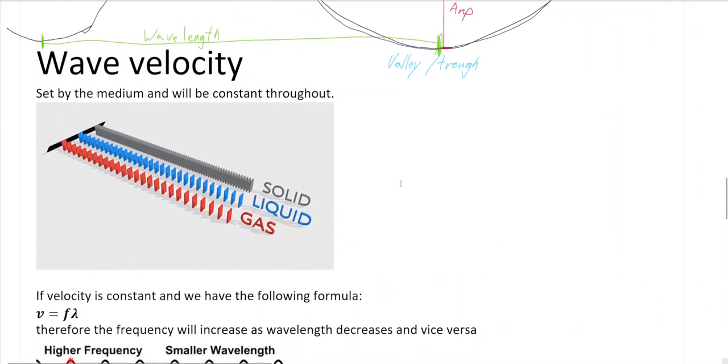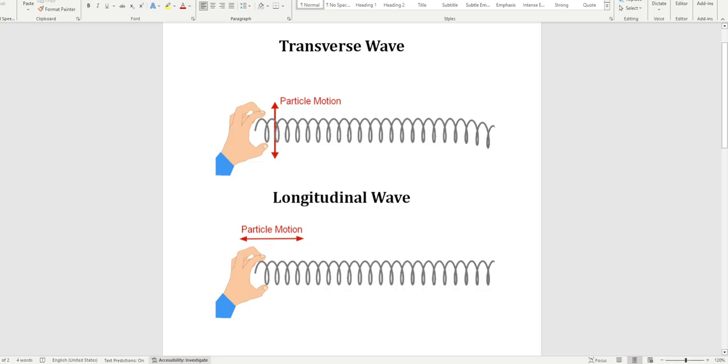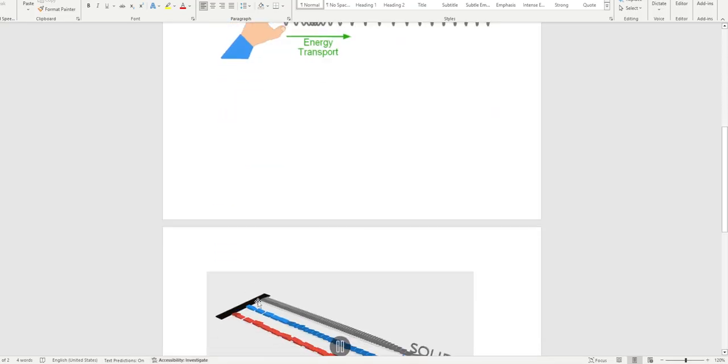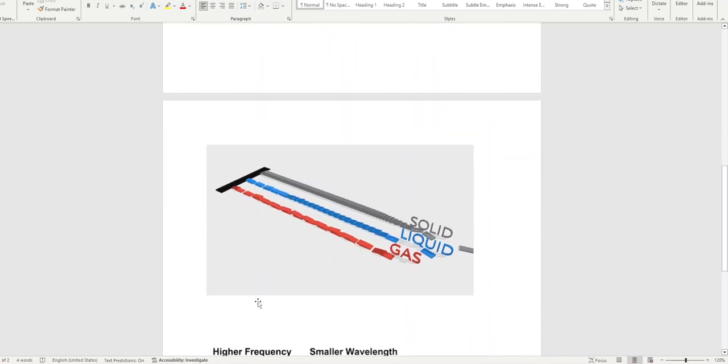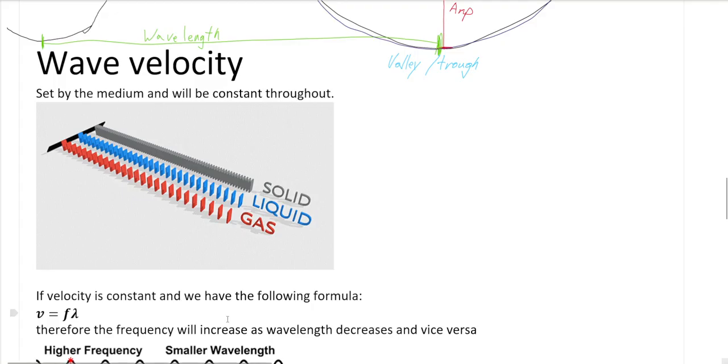Okay, so now what about the wave velocity? So we're going to scroll down a little bit so we can see this next GIF. The wave velocity, like I said before, is set by the medium and will be constant throughout. So different mediums will have different wave velocities.